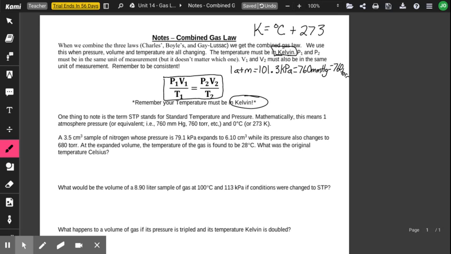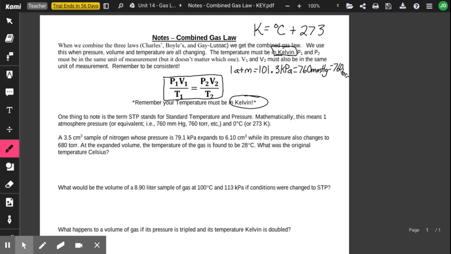Okay. Now, another thing to note is that I could be working in standard temperature and pressure. Every single time I say that I'm at STP, or standard temperature and pressure, it's always the same number.